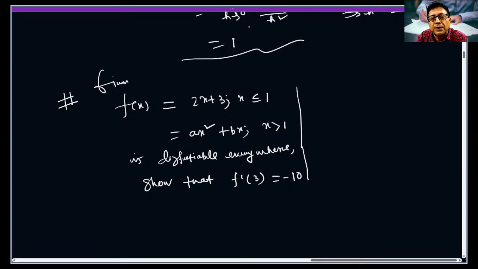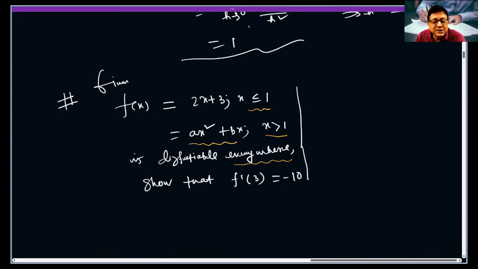Concept is there. I told you differentiability everywhere means it is differentiable on R, the number line. It is differentiable at x equal to 1 also, isn't it? So for this function you need to get the values of a and b. Then you need to find the derivative at x equal to 3. That is possible if and only if you got a and b and then differentiate this part directly to get the value of f dash 3.